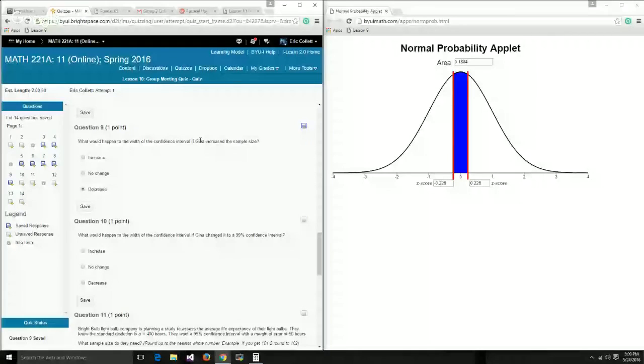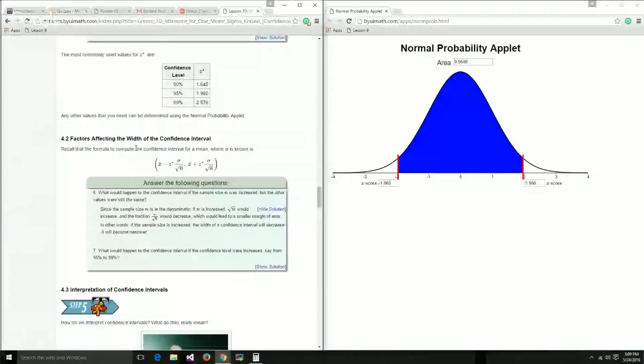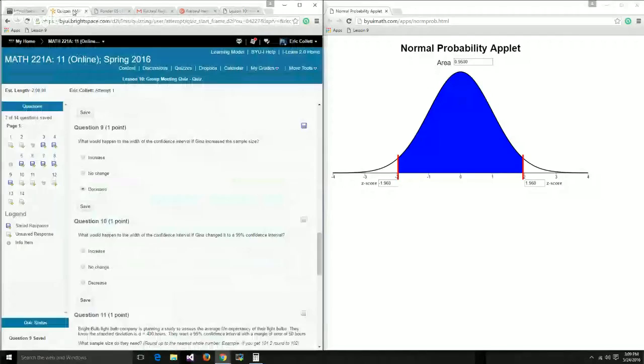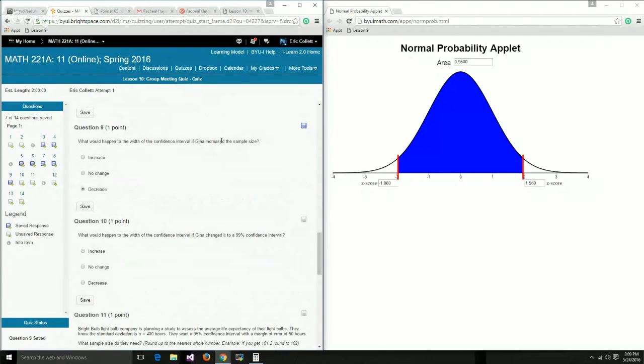A narrow confidence interval theoretically is better, because what you're saying is we are 95% confident that the true mean lies between these two numbers. So the narrower those numbers, well, not necessarily the more confident we are, because we're still 95% confident, but the range of the numbers is narrower. Does that make sense?